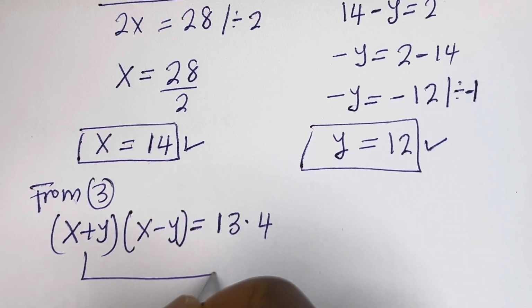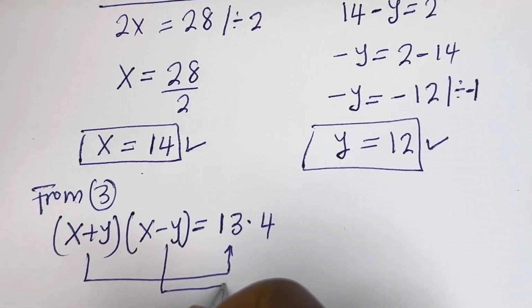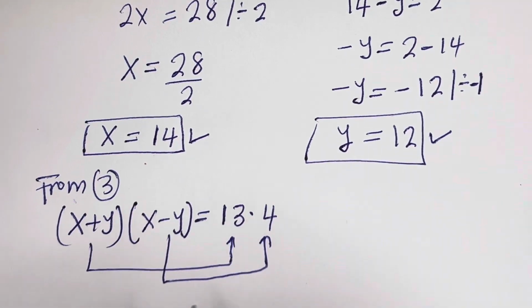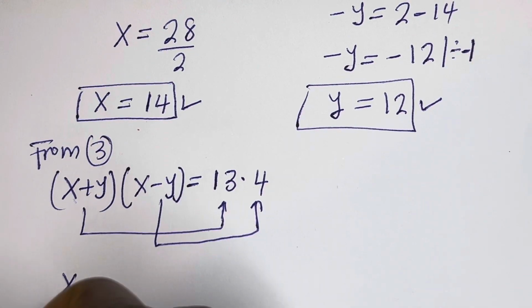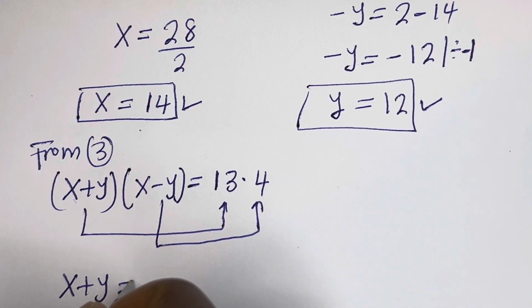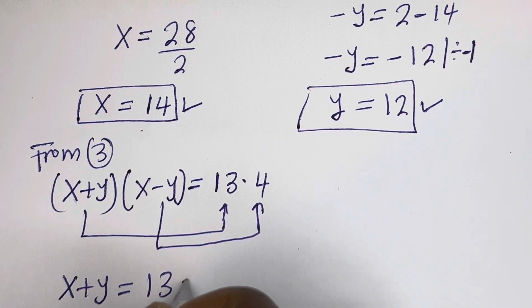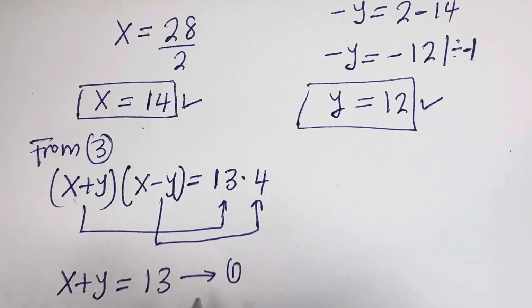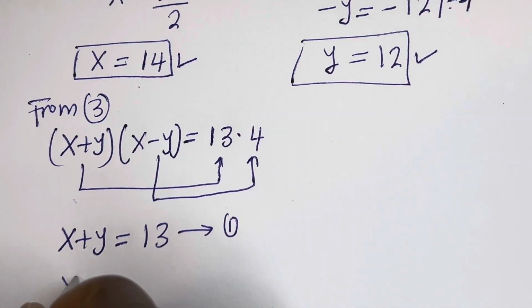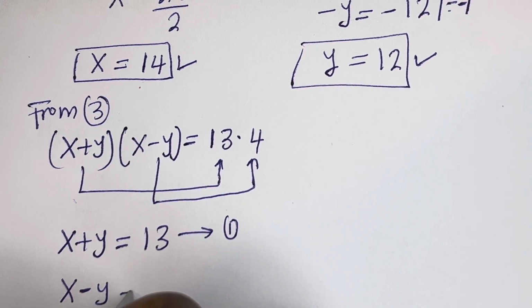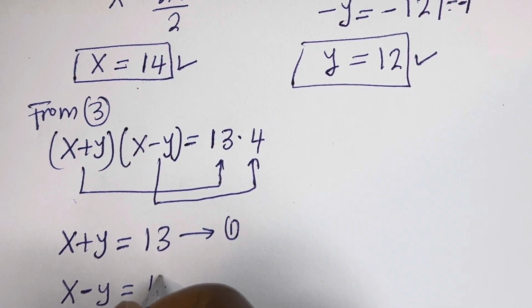Then this will go for this, and this will go for this. Here we have x plus y is equal to 13. Let's call this equation 1. Then x minus y is equal to 4.